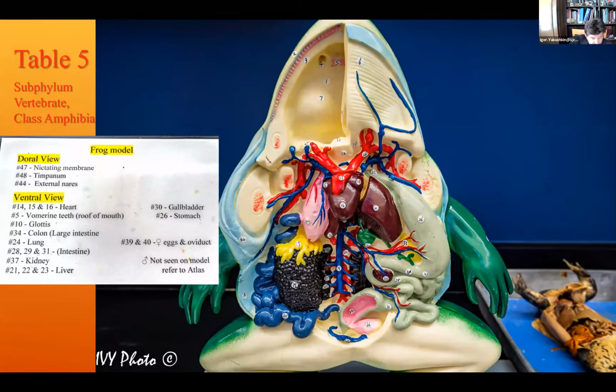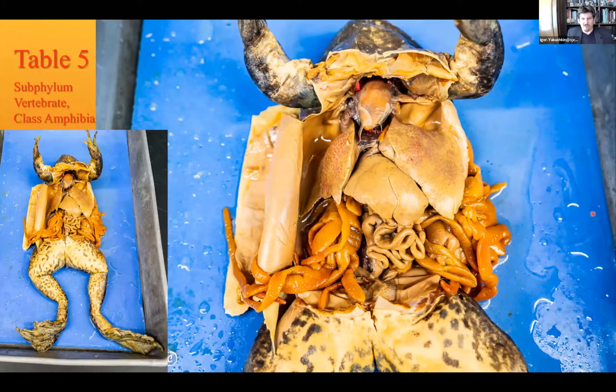So here's the dissected frog, how the dissected frog looks. In this particular case, see, it's slightly different than the actual model. That's the heart. Okay, all that is actual liver. Those brownish orange projections are fat body.